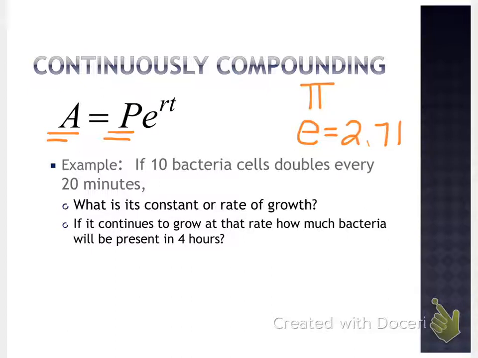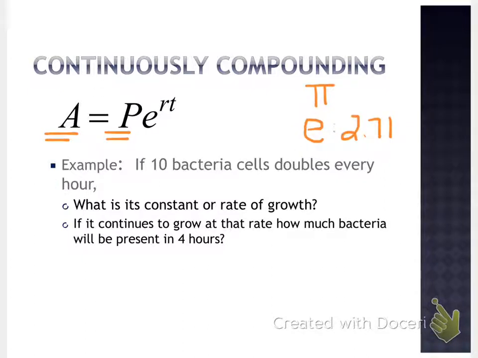If we had 10 bacteria cells that doubled every 20 minutes, I'm sorry, I want to make that every hour. So we have 10 bacteria cells that double every hour. What's our constant or rate of growth? Well, since it says the word doubles, that means our R value is going to be 2, which would make it 200%, which is doubling our initial value, P. So if it continues to grow at this rate, how much bacteria will be present in 4 hours?